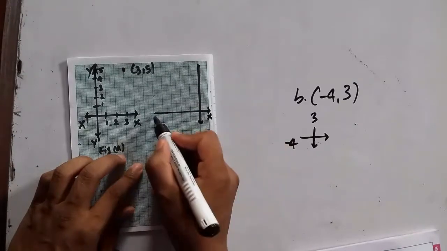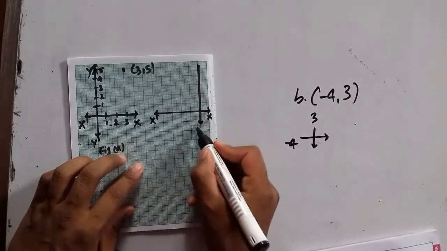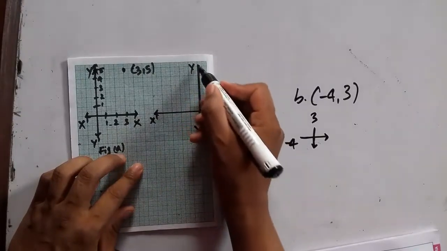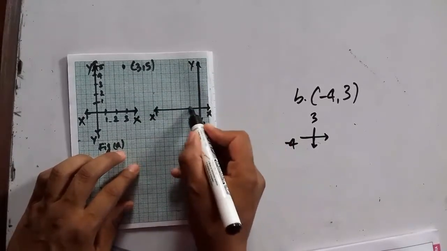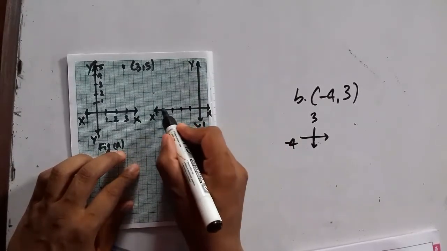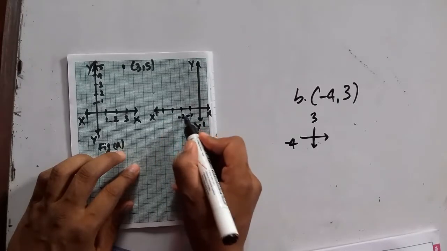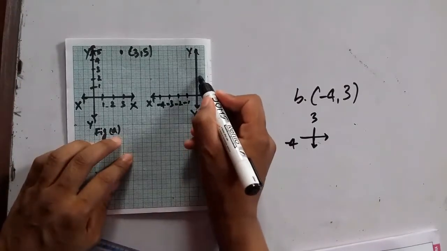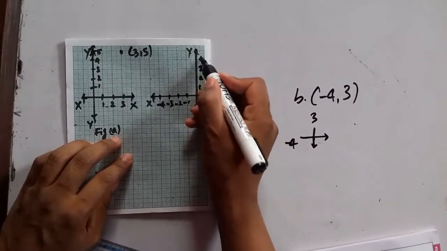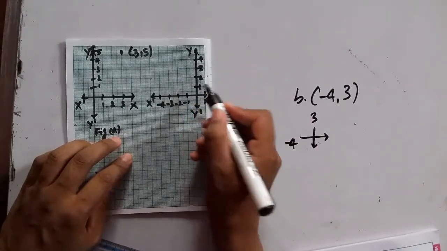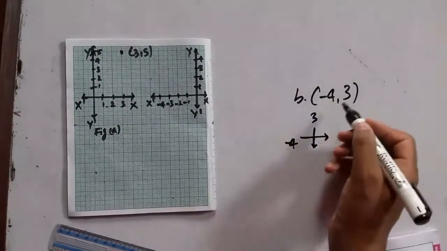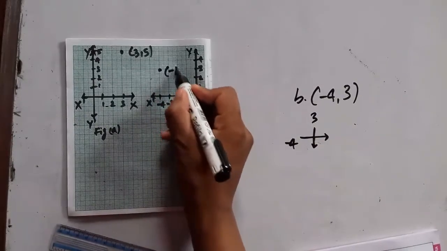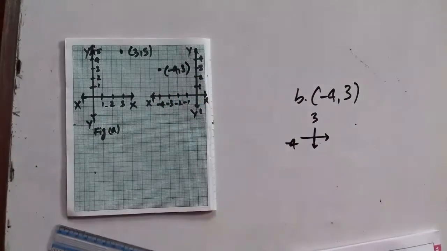This is x, this is x dash, this is y, this is y dash. Now this is minus 1, minus 2, minus 3, minus 4, and here 1, 2, 3, 4. Now we have to plot this point: -4, then 1, 2, 3. This lies here, (-4, 3). So the plotting of this point B also finishes.